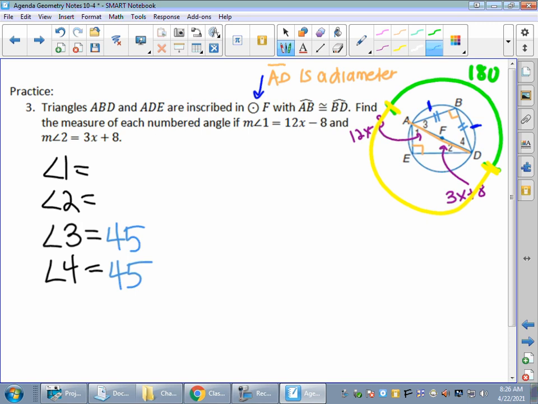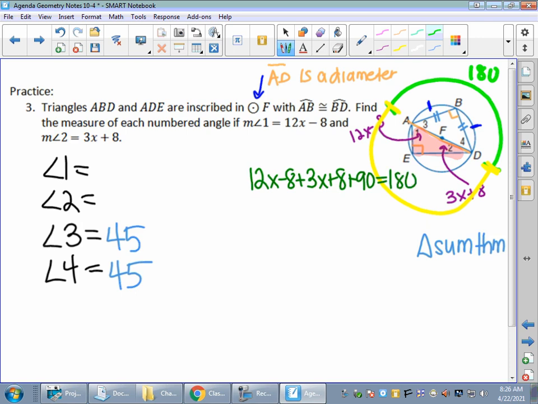Angles 1 and 2, we need to do a little bit of work. We know angle E is 90. I'm seeing triangle sum theorem here. So if I just look at this triangle down here, I can add up the three angles, make them equal to 180. So I've got myself 12x minus 8 plus 3x plus 8 plus the 90 degrees equals 180.